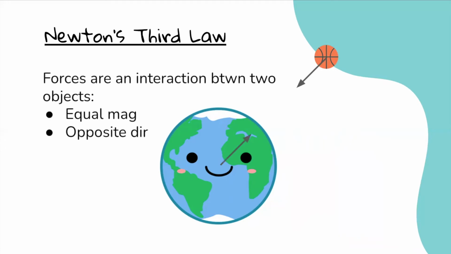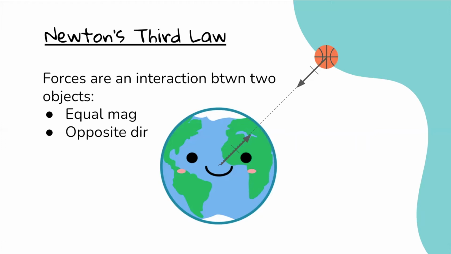That is, the interaction between the basketball and the Earth is a force that has the same magnitude, so the same size force, the same number of newtons, but in opposite directions along this radial line that connects the two centers of mass. That is actually going to be our r, the radial distance between the two centers of mass.